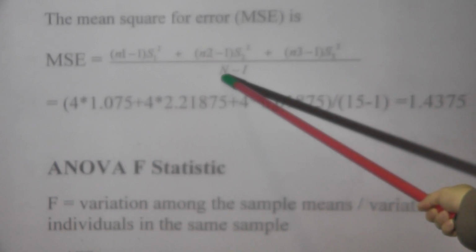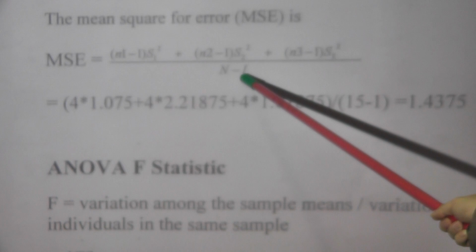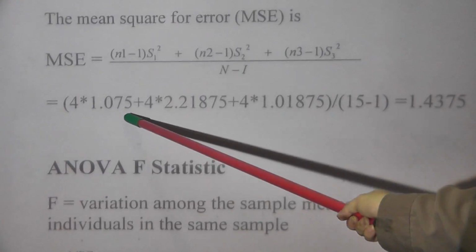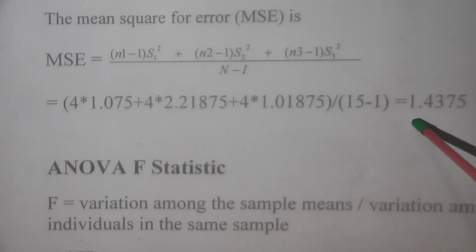Each group has 5 observations, and we have 3 different groups, so 3 times 5 is 15, minus I, 3 different groups, so it's 15 minus 3. Then we plug in the numbers respectively, and we find the MSE is 1.4375. Okay?